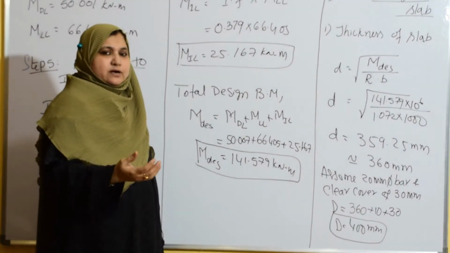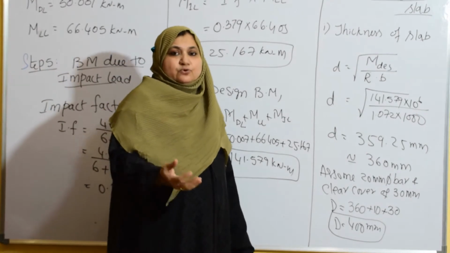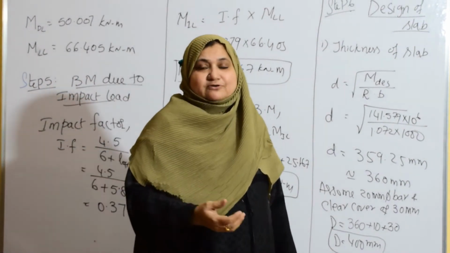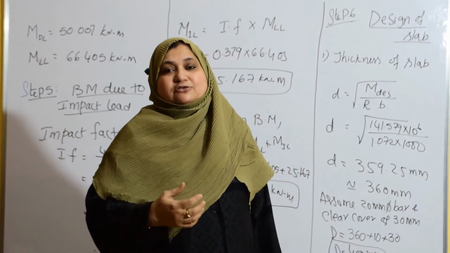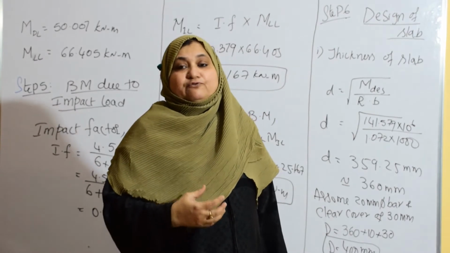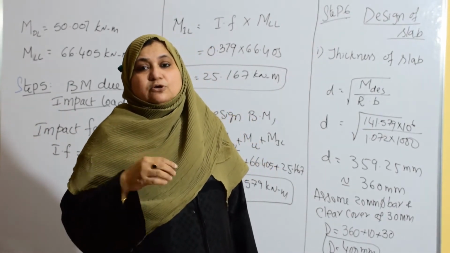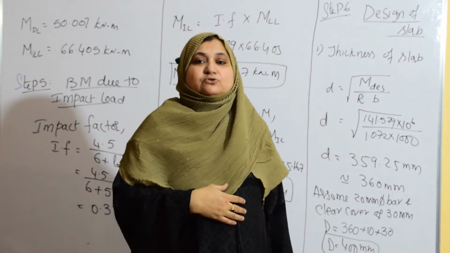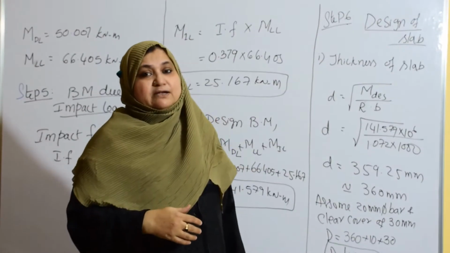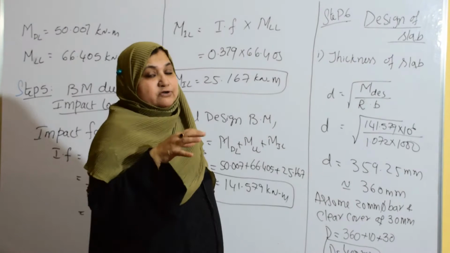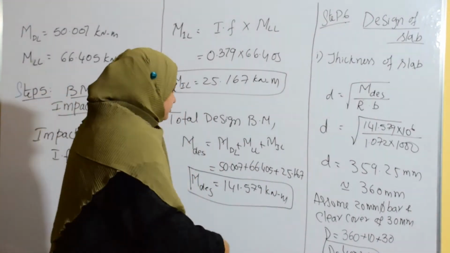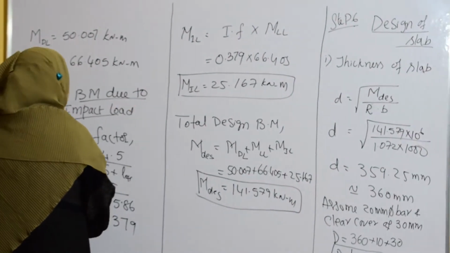As a design engineer you can increase it by 50 mm also, but it is going to affect the economy, because construction of a bridge involves crores and crores of rupees. If you increase even 50 mm thickness in the entire length of the bridge, it is going to increase the cost enormously. So we have to keep the economical point of view in mind, and try to put the minimum requirements. This is how the thickness of slab design is completed.